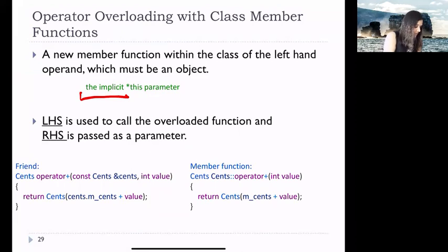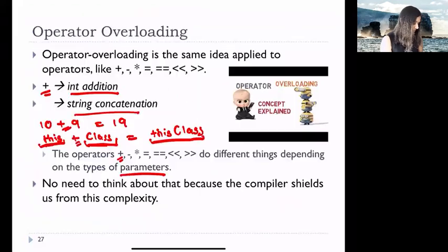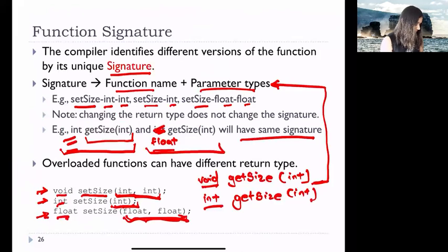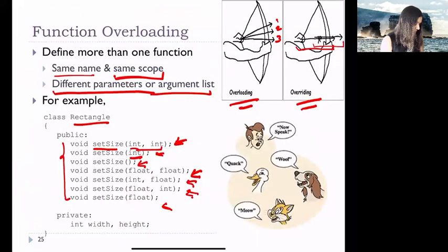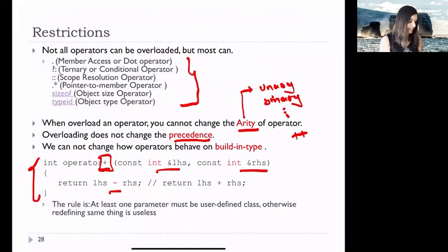So the implicit this is the operator's left operand, and then you have the parameters of that operator. LHS is used to call the overloaded function, right? As we had in function overloading, we use this to call our overloaded function, and that's where the name of the function needs to be the same.